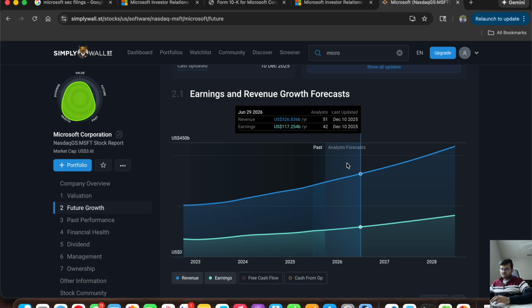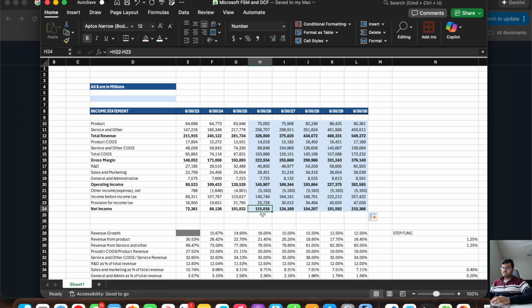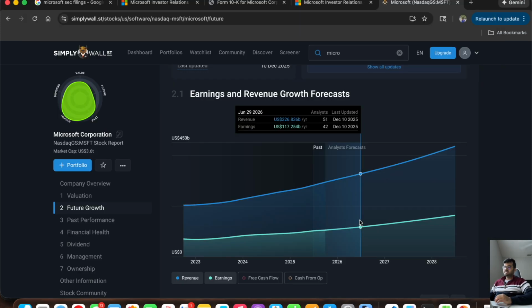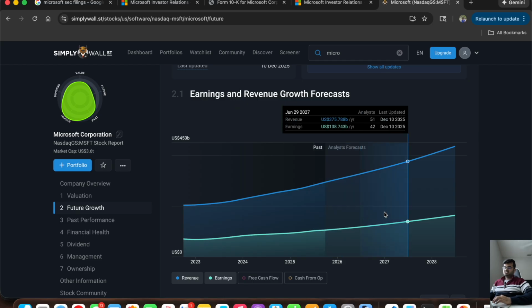So here analysts are estimating earnings, you could see in 2026 we calculated 326 revenue, I mean, we took the numbers from here, and earnings, which is nothing but the net income, analysts are mentioning as $117 billion, whereas as per our calculation it is 115 billion. We are close, and we yet need to provide interest income and interest expense, but still we are in this range.